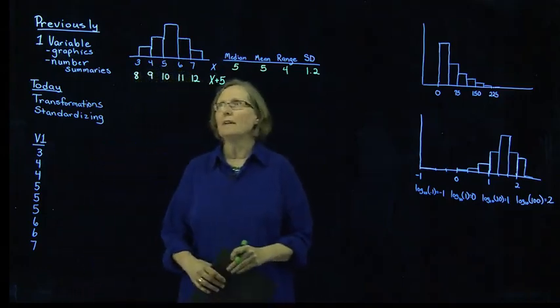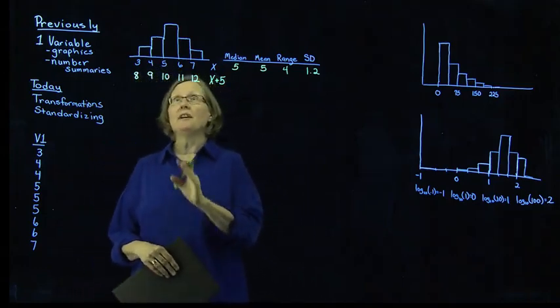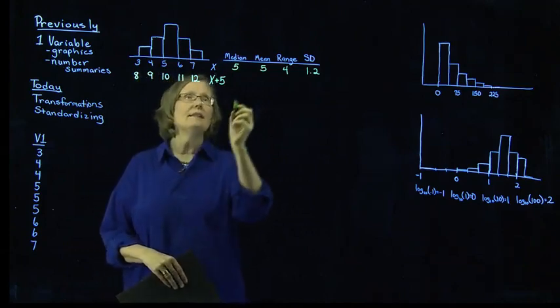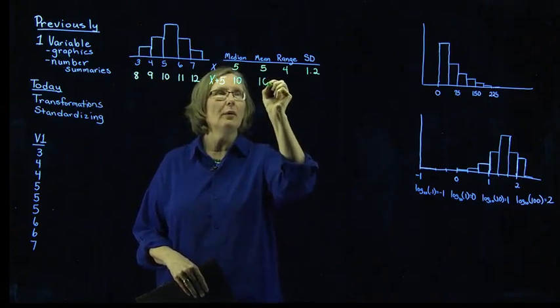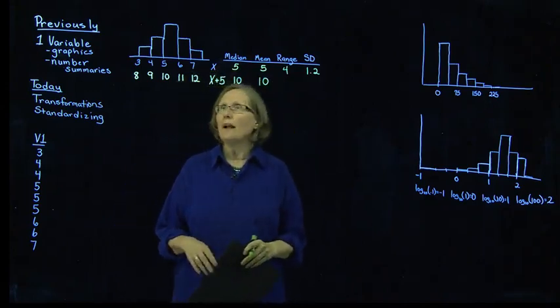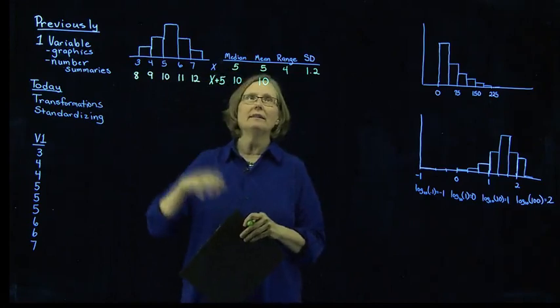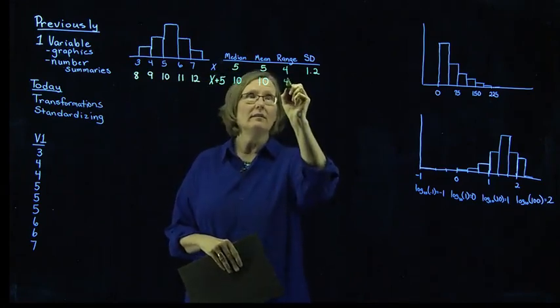Notice what's happened to the distribution. We've shifted it so that the center is now at 10. The median and the mean will both be 10. The range, however, is still 12 minus 8, or stays 4.